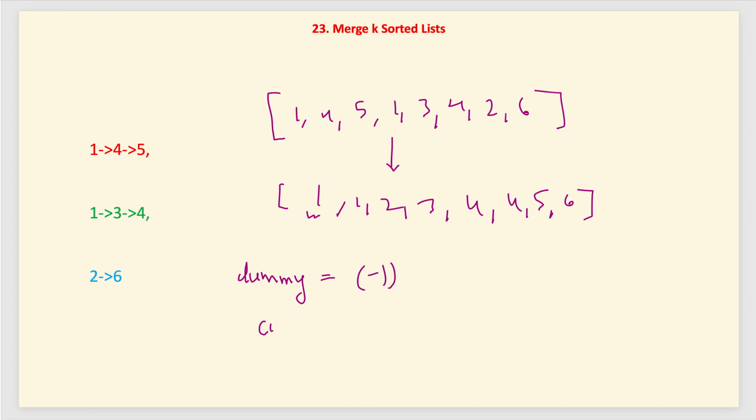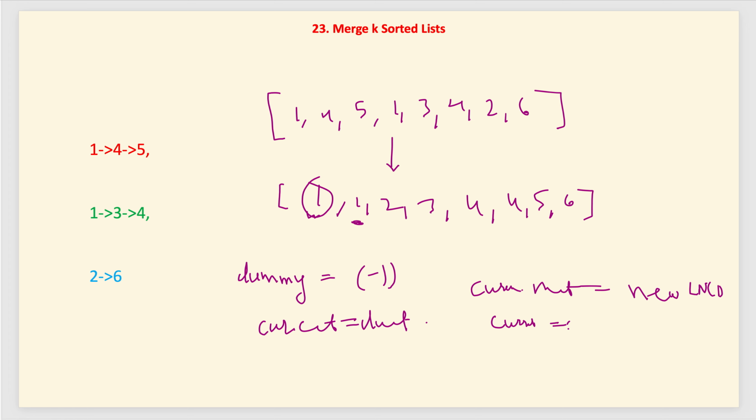Then we start a current node from the dummy, and every time we take one value and create a new node, and we update current dot next is equal to this new node of the linked list. So new node, let's say that is a linked list node with whatever value, then we update the pointer over here, and then we set current to the next pointer. So current is equal to current dot next.